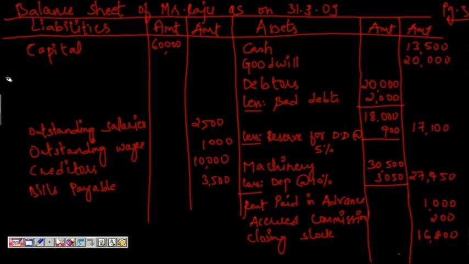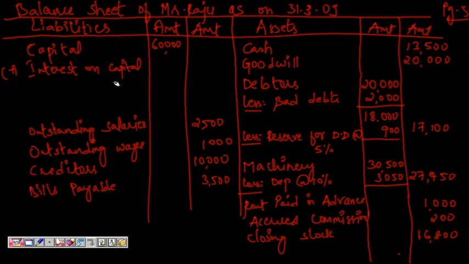Interest on capital means the owner is demanding interest on his investment from the firm. So it is a loss to the firm, and for the owner it is a gain. So it will be added to his capital. So write interest on capital. We will add it to the capital.